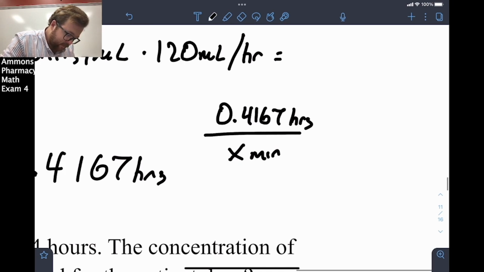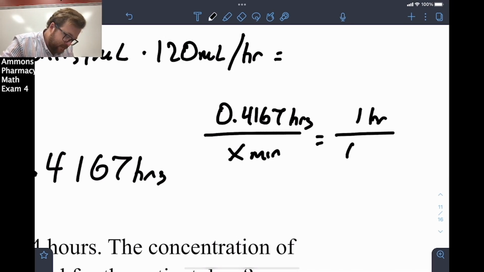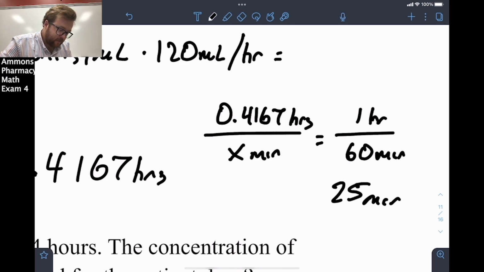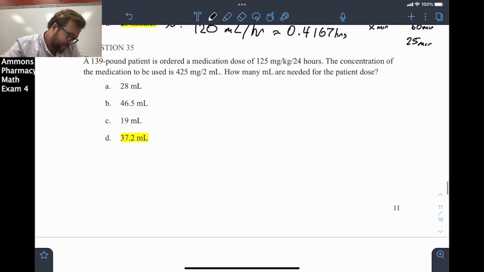You have to understand that 0.4167 hours is not just 41 minutes. Okay, 1 hour, 60 minutes. So you're going to multiply that by 60, and you're going to get 25 minutes. Okay. So all that other stuff was just filler and a distraction, and it worked. But please understand that you already have the volume and you already have the rate, so it's just going out the bag.